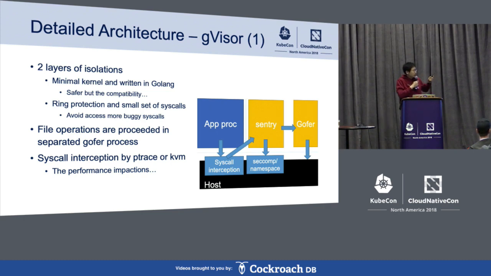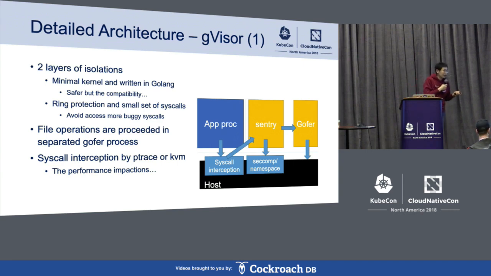Some syscalls rely on the host to implement, and others they can implement themselves. They can do the interception and then forward the syscalls back to the Sentry, the user space kernel, and implement them there. So this has better security than only running namespaces.